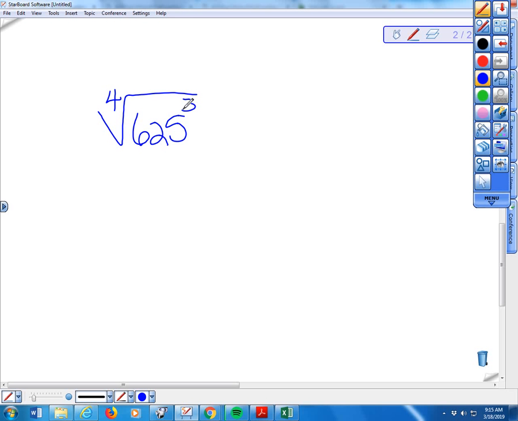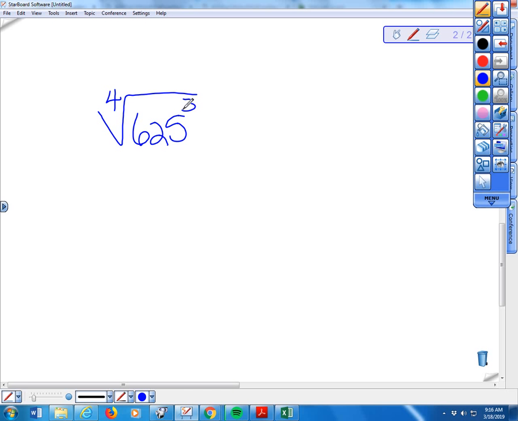So who remembers when I told you how to evaluate rational roots in the calculator? You can use the calculator, and what do you have to do? Caret, raised to the what? Not the 4, the 1/4, because that's what the 4 represents. But you have to put it in parentheses. What's 625 raised to the 1/4 power? 5.